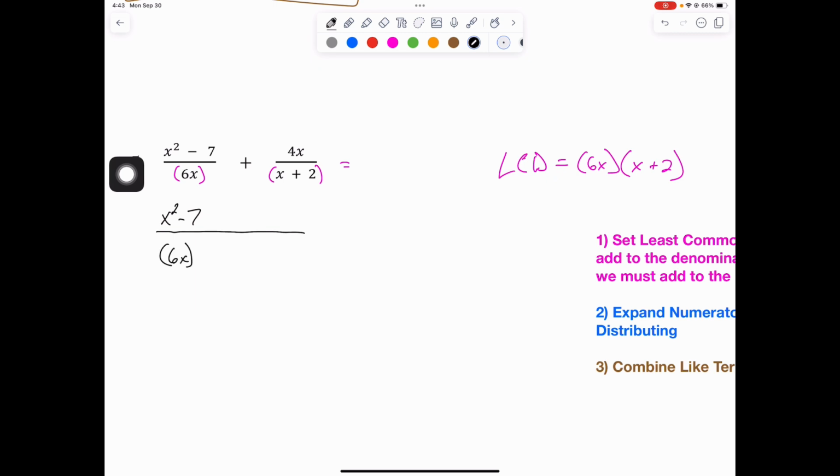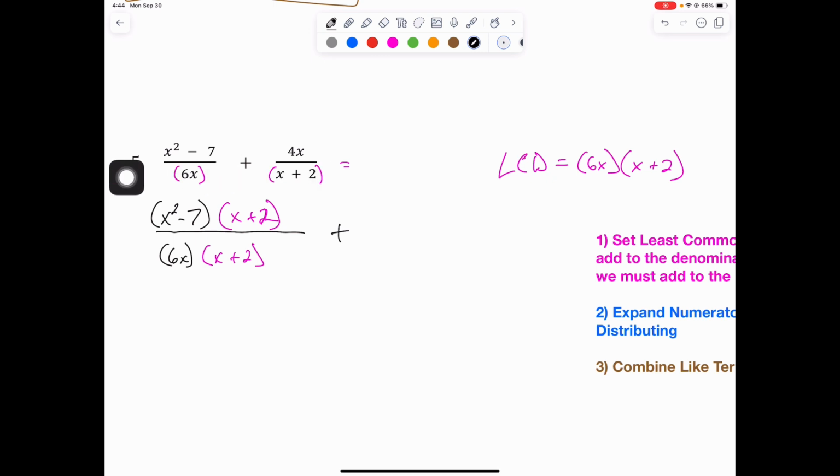And yes, you can go ahead and actually set these in parentheses if you'd like. But what's missing from that denominator? Well, we have the 6x, but we don't have the x plus 2. Wonderful work. And what we do to the denominator, we must do to the numerator to balance it. We will add that too.